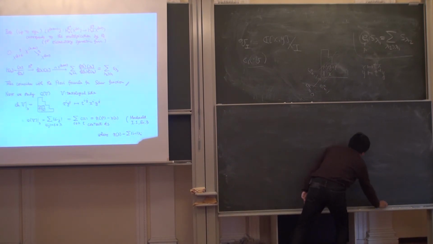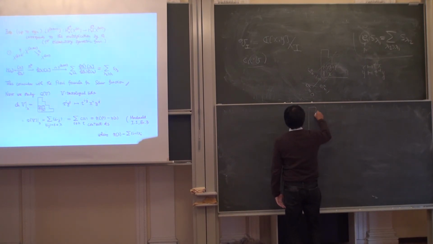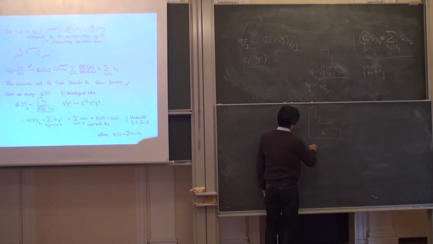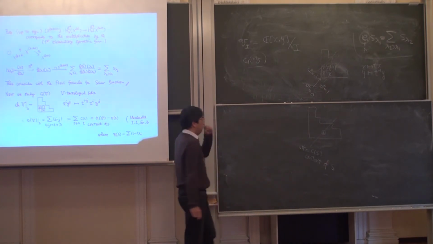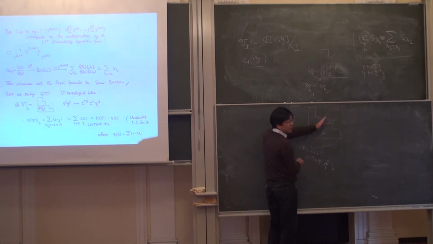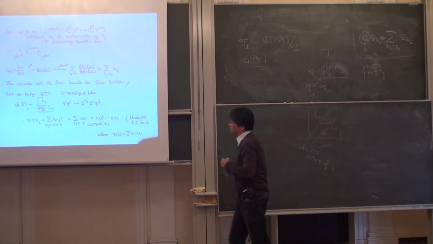So if you have a box S in the Young diagram, then its weight is equal to c_S. This is the content of S. So you just measure the difference, the distance from the main diagonal up to the side.